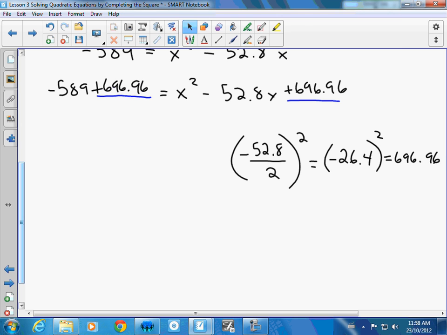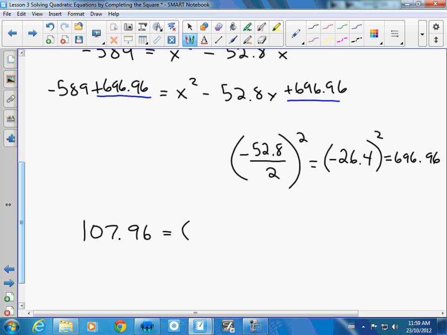Okay, what's negative 589 plus 696.96? What is it? I'm gonna skip that space there. 107.96 equals, here's my two binomials, x and x. Now I don't even have to think, right? I just look here at the middle part and it's negative 26.4. Negative 26.4, negative 26.4, right?